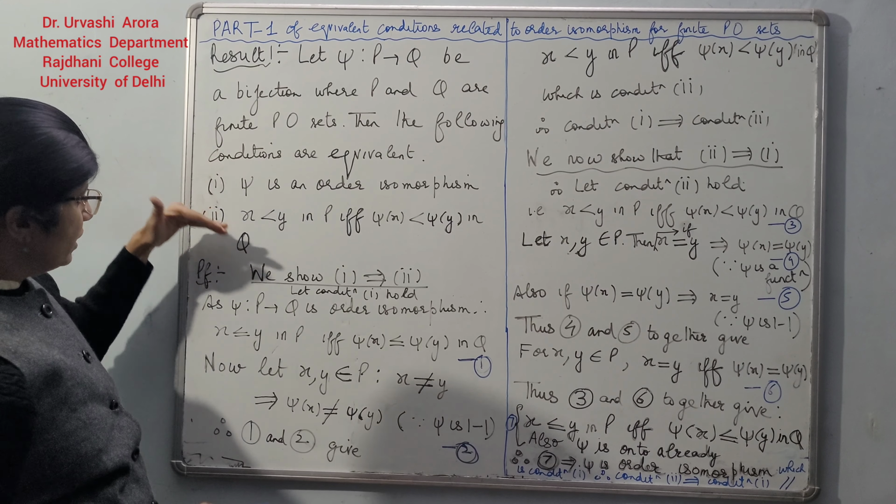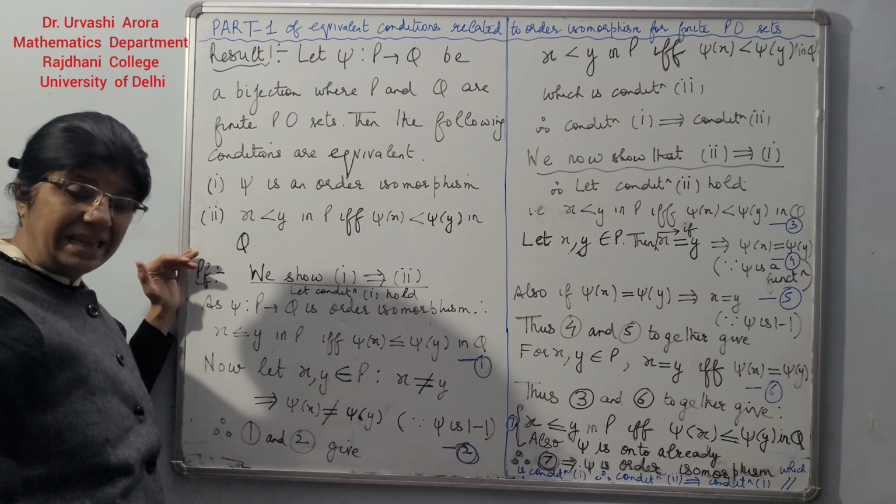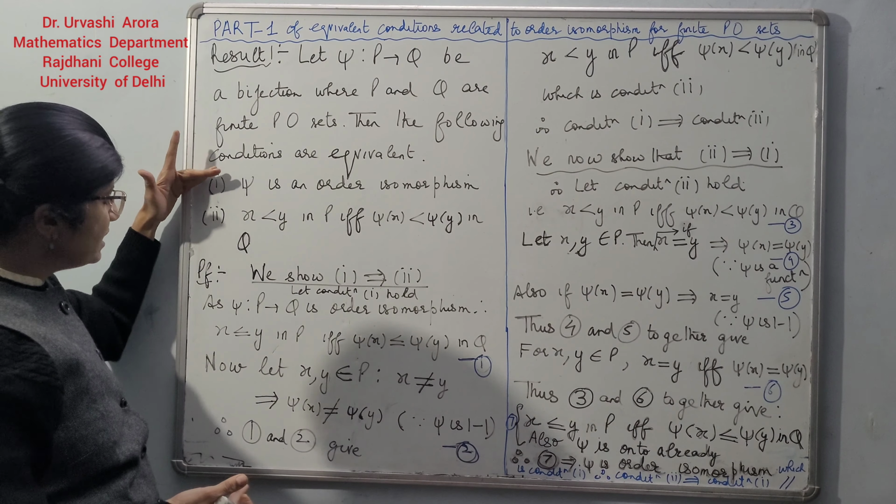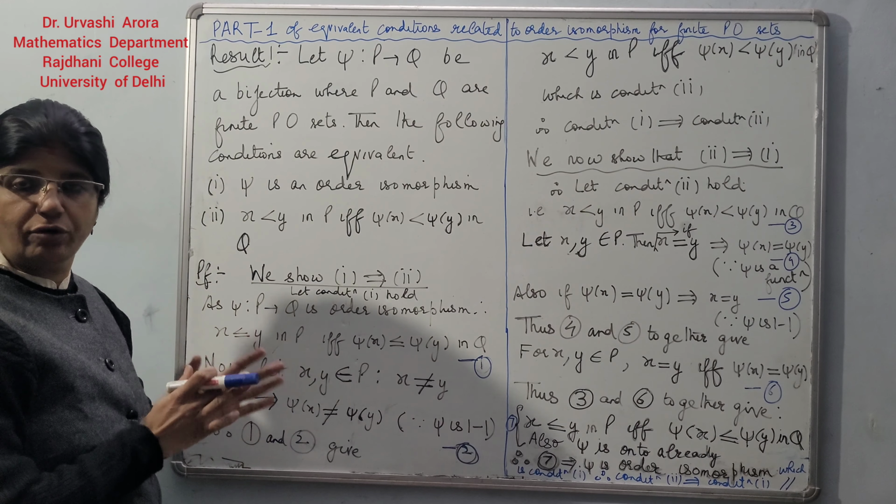Saying that these two conditions 1 and 2 are equivalent means that if 1 is given to you, then it implies 2, so 2 will be true, and if 2 is true, then 1 will be true. This is the meaning of equivalence.